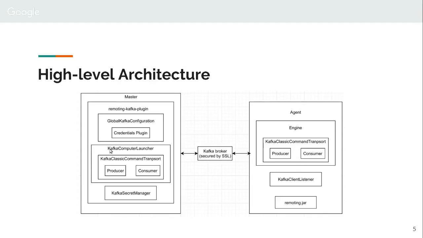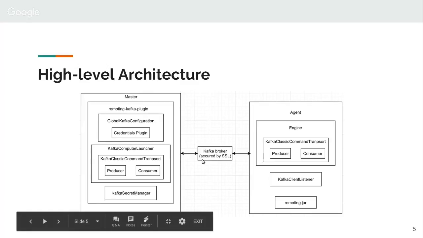Another important component is the launcher. The launcher is basically wrapping the classic command transport. The classic command transport is what we extend from the command transport of Jenkins remoting core, which creates producer and consumer instances to connect to Kafka. Another important part is the secret manager, to ensure the connection security between master and agent.